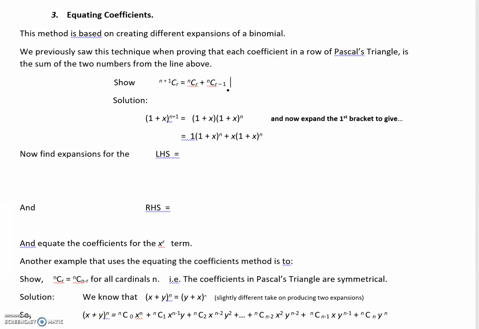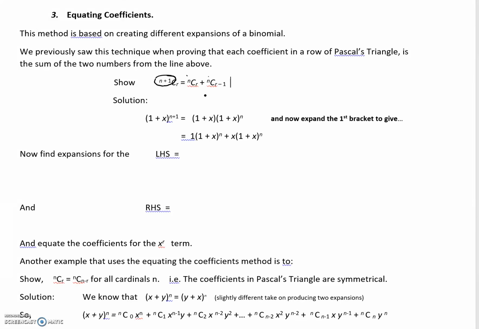Hopefully one thing that might be obvious to you there is that this power, n plus 1, is different to these, and that unfortunately is probably about it. You may look at that and go, oh, but I was thinking that this looks like the sum of coefficients. Will I be able to show this identity simply by a substitution?